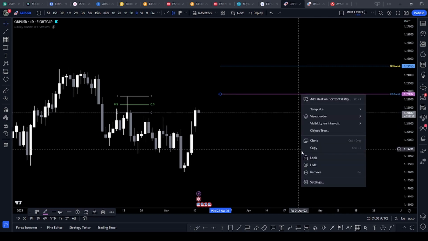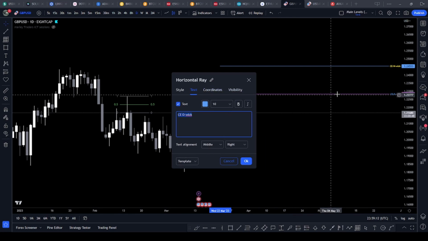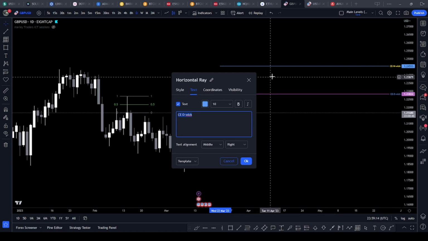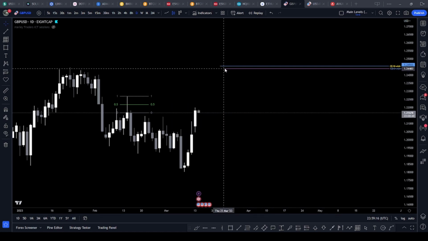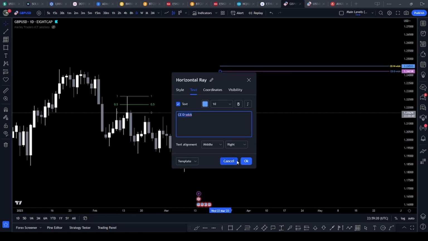So you just have to customize it the way you want and save it the way you want. If you want it on the top, if you want it on the bottom. And sometimes if they're too close to each other, you just go here, do this, and then you can change where you want to put it. Bottom, so it can be clearer.